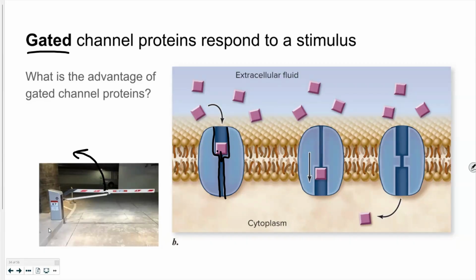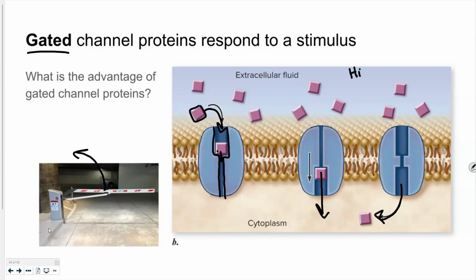Okay, so the solute is going to come and dock and land in this little pocket in that three-dimensional shape of that protein. That is going to have the stimulus to have the protein change shape, allowing that solute to then enter the cell or to move across the membrane, I should say.